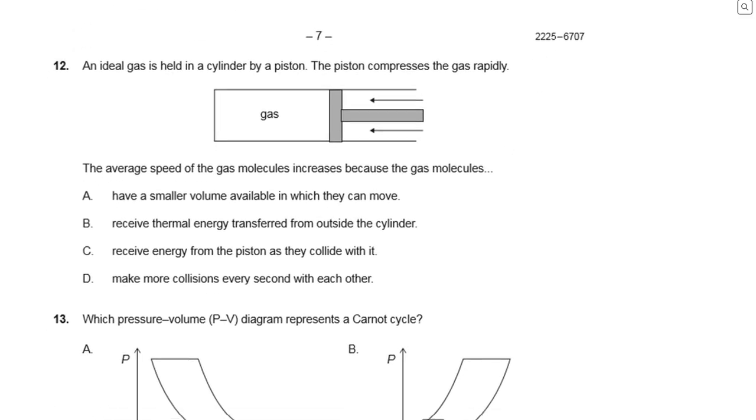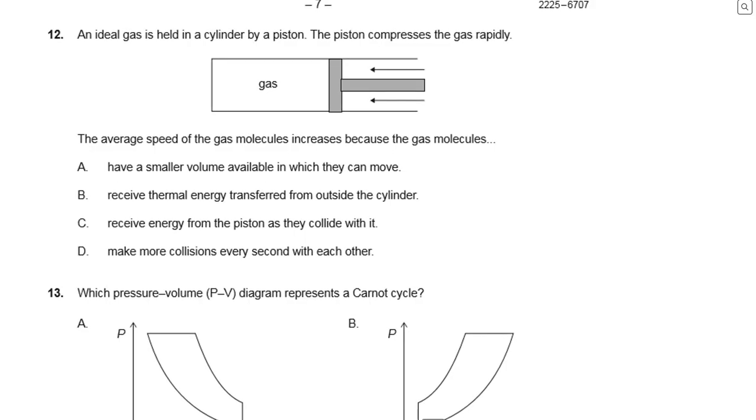An ideal gas is held in a cylinder by a piston. The piston compresses the gas rapidly. Okay, so there's work done. That's what we need to see here. Work done, and that is negative, right? Because it's done by an external system on the gas. Average speed of the gas molecules increases because the gas molecules have a smaller volume available in which they can move.